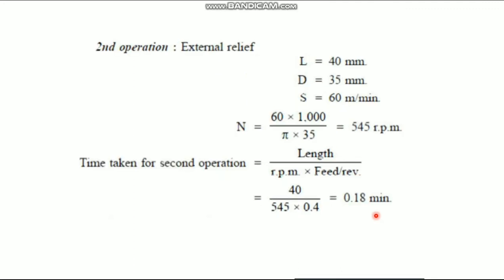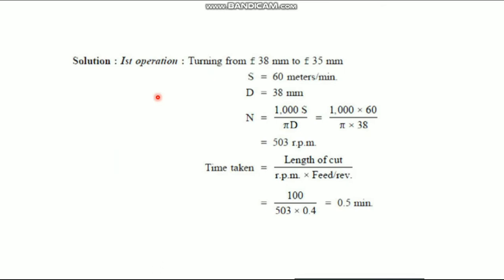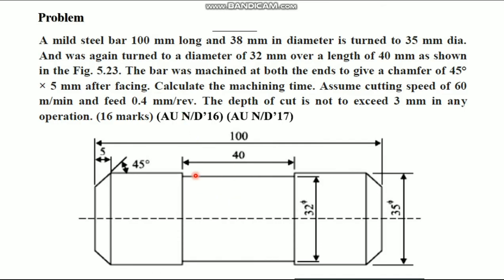Then second operation, external relief. The length of external relief is 40 mm. This is the external relief, 40 mm. Here we want to reduce the diameter from 35 mm to 32 mm.